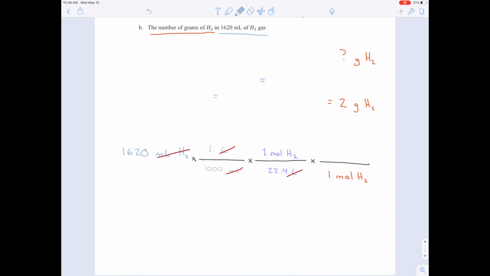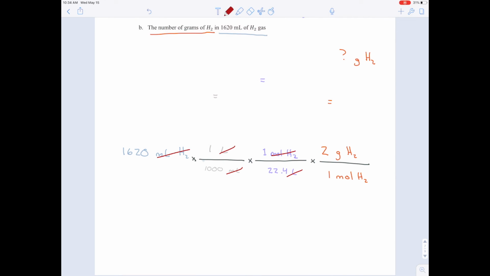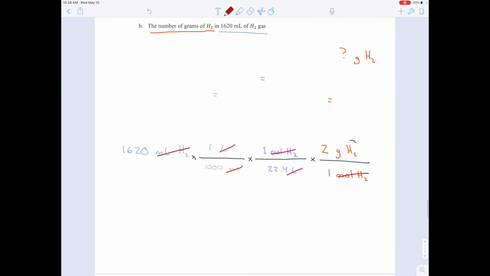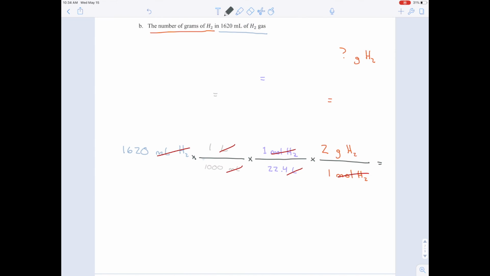Going over the fraction bar is like going across the equal sign. So on top, we'll have 2 grams of H2. Notice how moles of H2 cancel, and we're left with grams of H2, which is exactly what we wanted. All we have to do is plug this into a calculator.